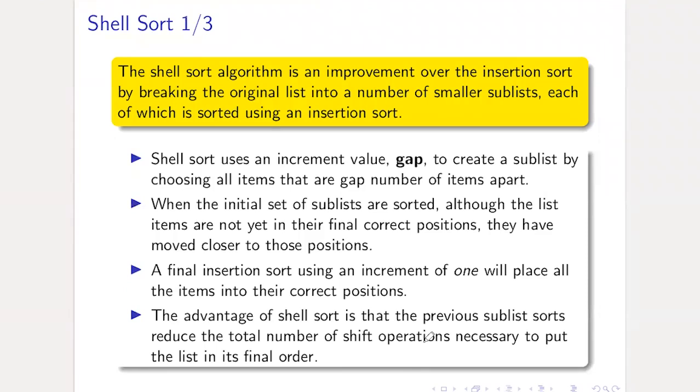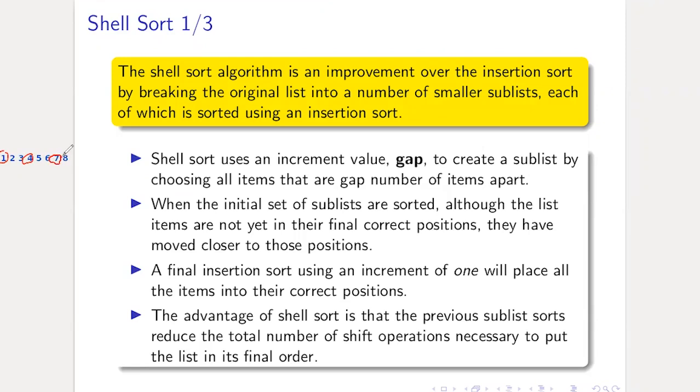So let's say you have a number of items. I'm just going to type here 1, 2, 3, 4, 5, 6, 7, 8, and you can take a gap of 3. So you put together a sublist by taking item 1, then the third item after it, 4, and then 7.